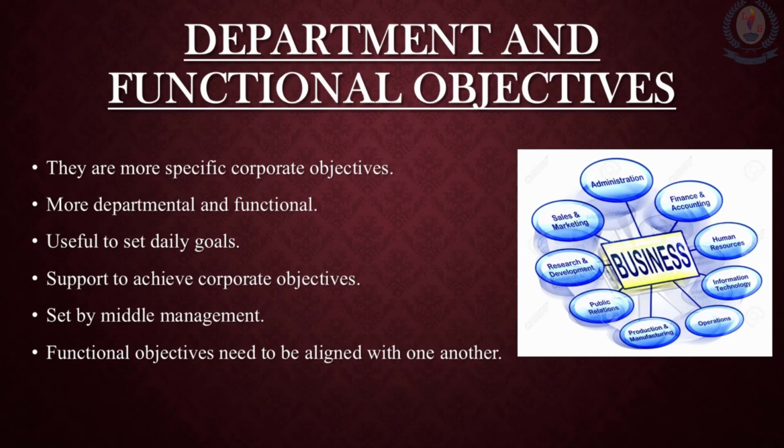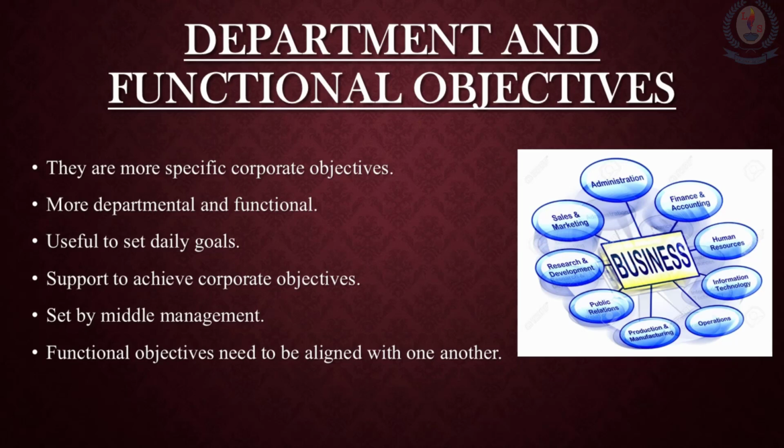So once we have established general objectives, we can move on to create more specific objectives, more specific corporate objectives. They are more specific compared with general objectives, so we can identify them as more departmental and functional.